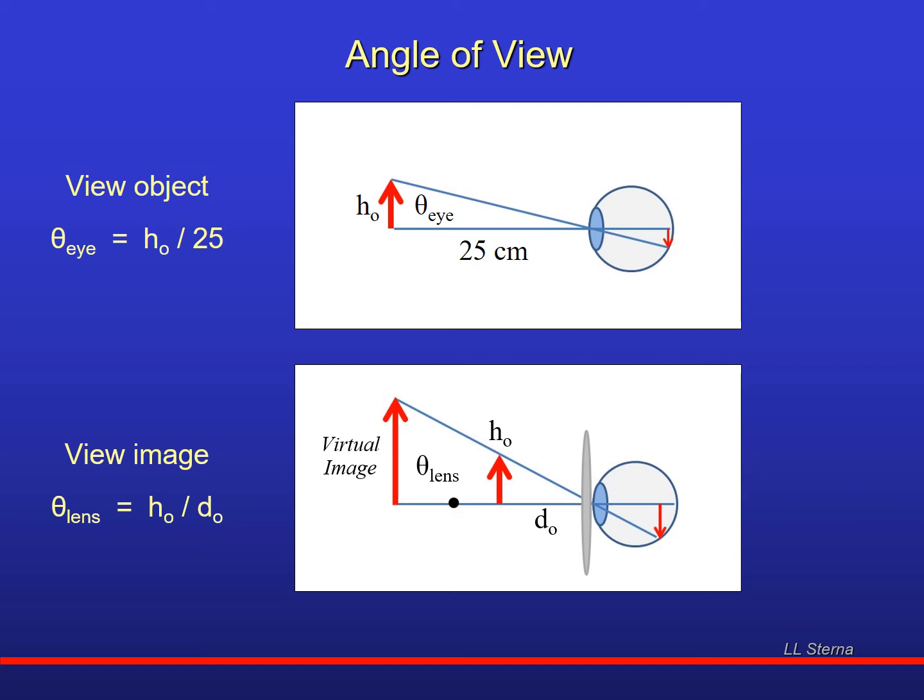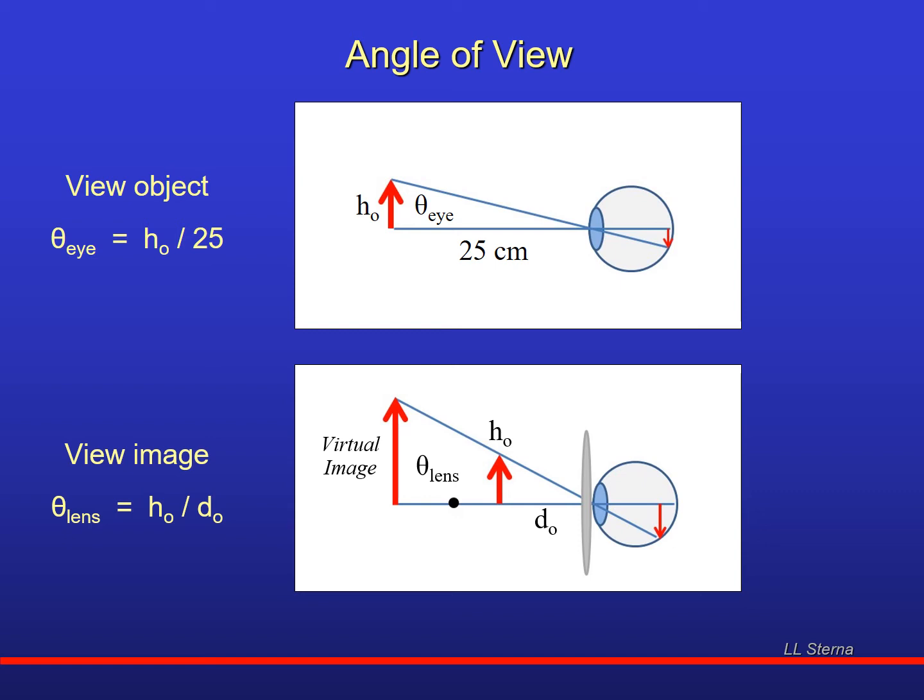The object's closer, but the image, in order to focus on it, is further away. Again, you can go back and review the video on vision correction, or review the video on image formation by lenses to see how it works.